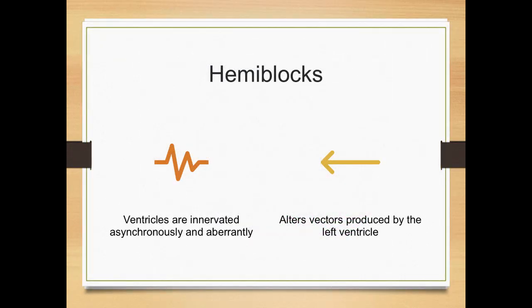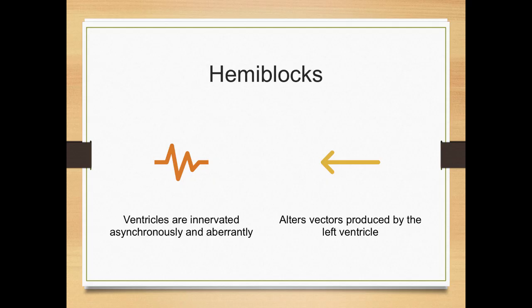And with our hemiblocks, our fascicular blocks, when we block these off, all of a sudden this left ventricle has aberrant conduction. It looks weird, it looks nasty, it's just odd.